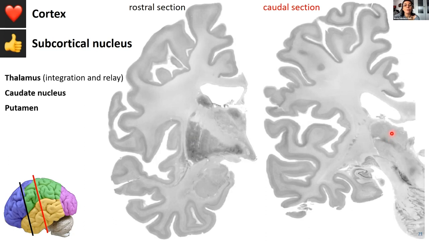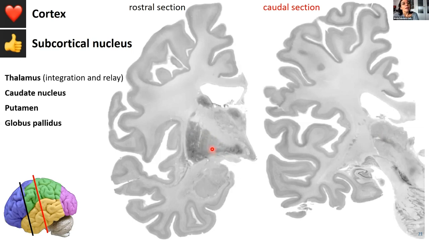No. Okay. Now, let's go here. Hands up if you think this is a subcortical structure. Loads of hands. I like this. It is a subcortical structure. It's what we call the globus pallidus.